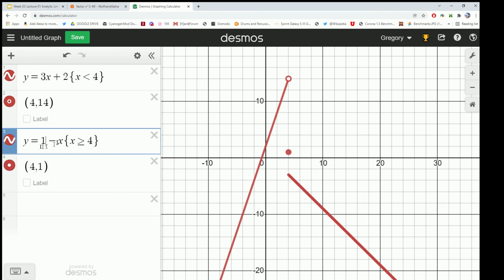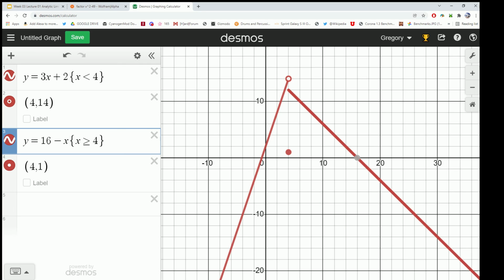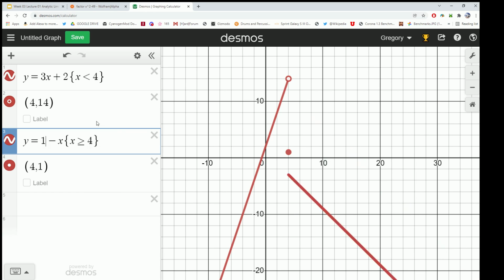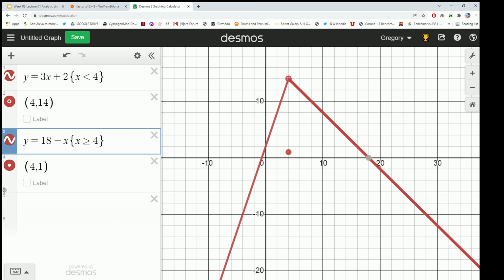I can change the number here. And if I go like 16, look how they almost match up now, right? If I move it up a little bit more, if I move it up enough, 18 minus x, then look at that. They magically match up at 14.